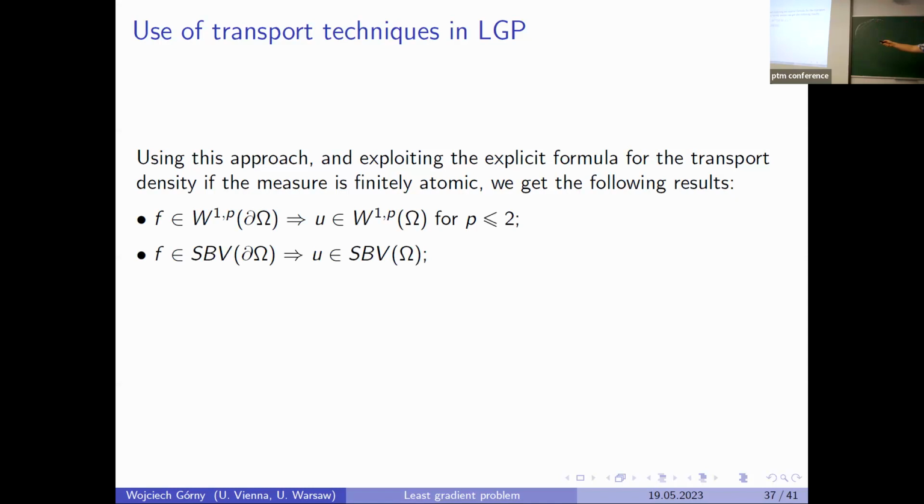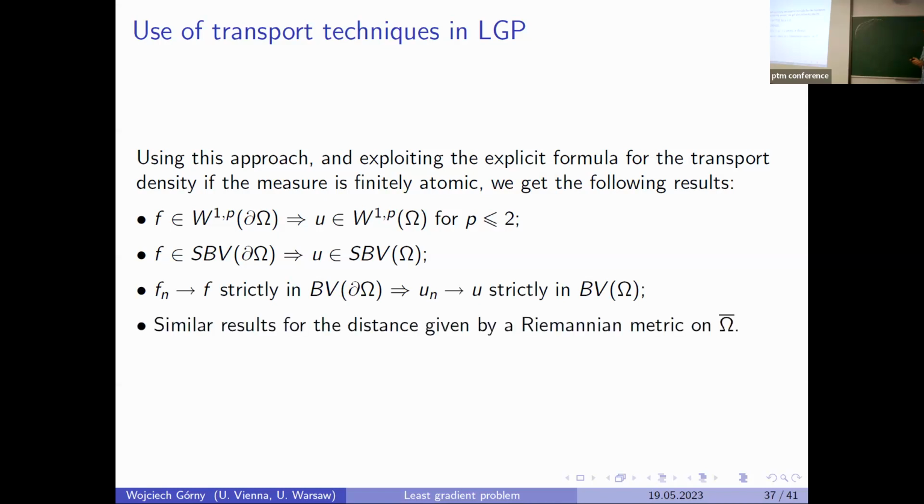But we can also get that if F is in SBV, so it is in BV but has no Cantor part of the derivative, then U might be non-unique, but all solutions have this regularity. And we finally have some stability results, because none of the other methods yielded any sufficiently general stability results for these gradient functions.